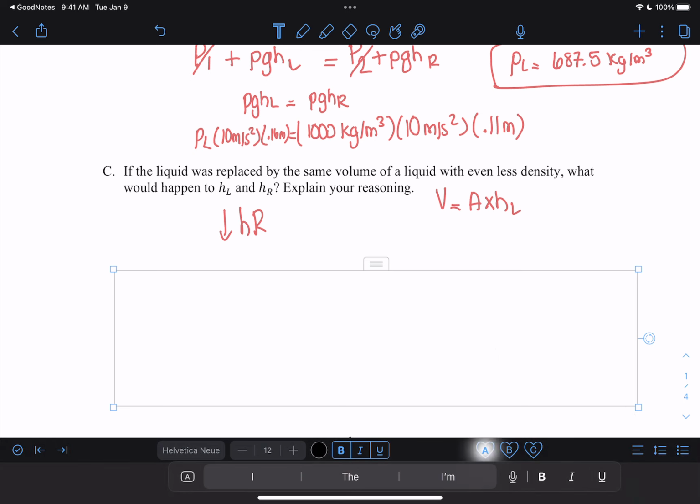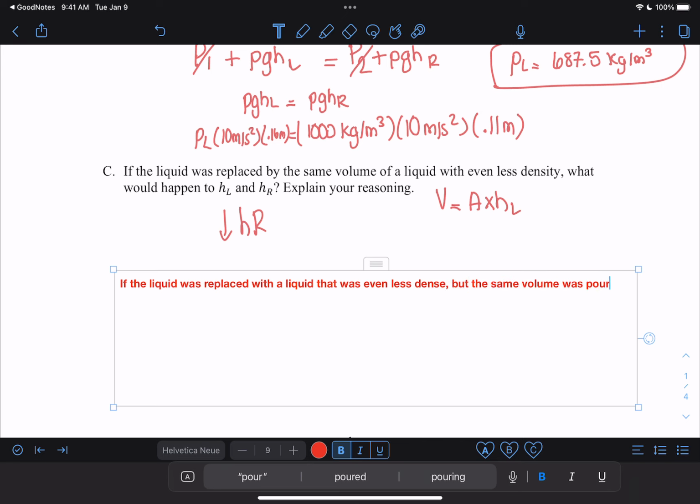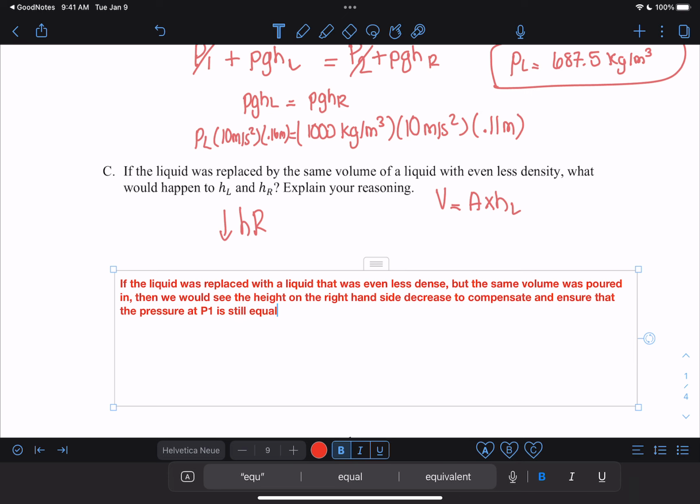If the liquid was replaced with a liquid that was even less dense, but the same volume was poured in, then we would see the height on the right-hand side decrease to compensate and ensure that the pressure at P1 is still equal to P2 with those pressures labeled above.